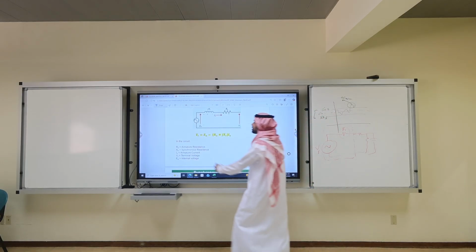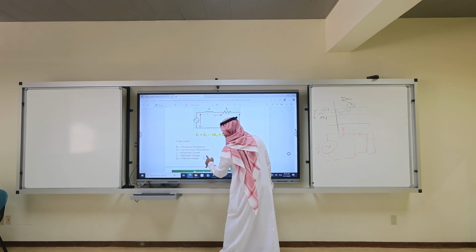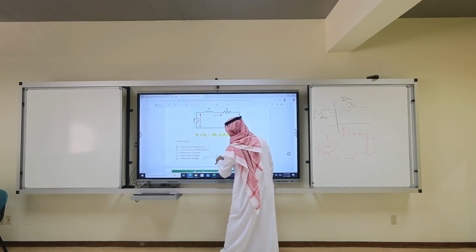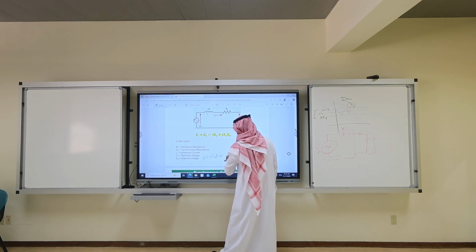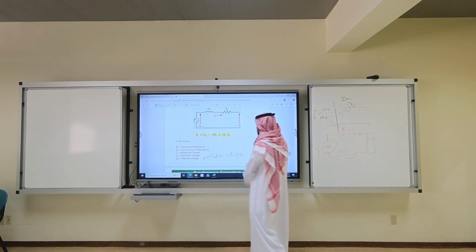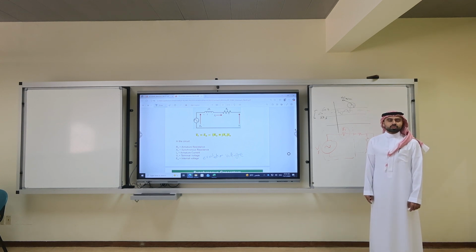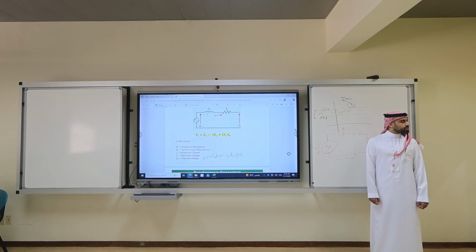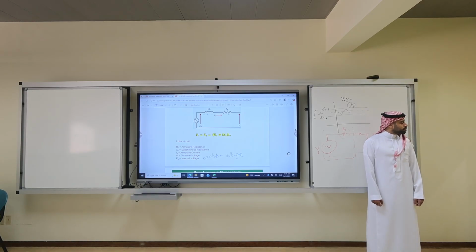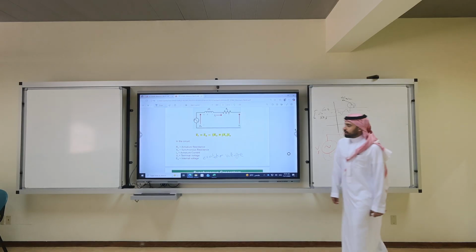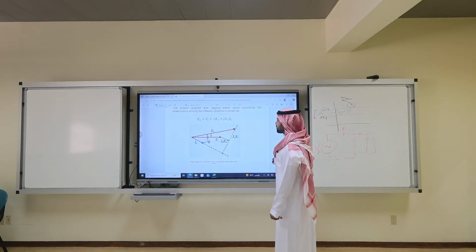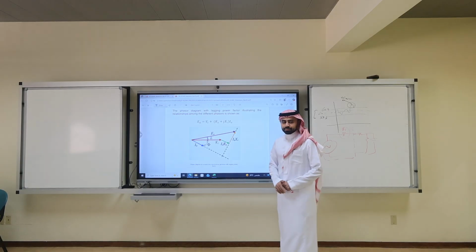Sometimes we call the internal voltage the excitation voltage, which is the induced voltage on the stator before losing the armature reaction, before losing the leakage reactance, before losing the internal resistance. Let's talk about the phasor diagram.